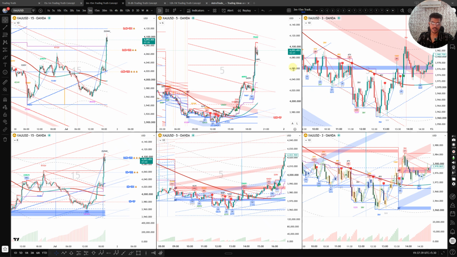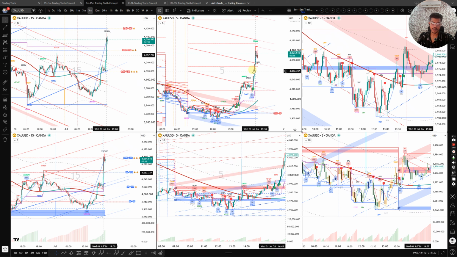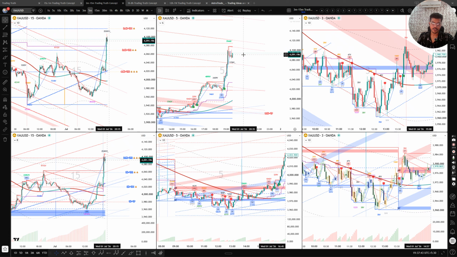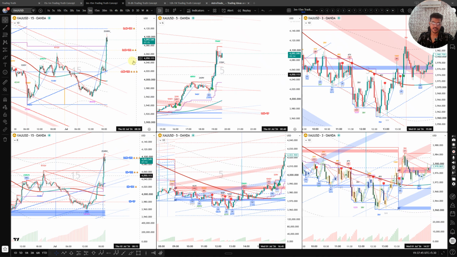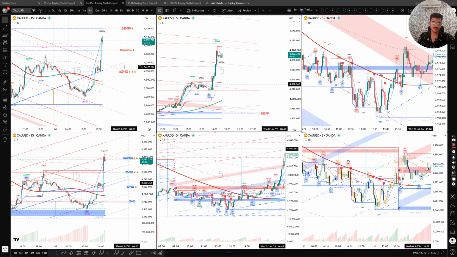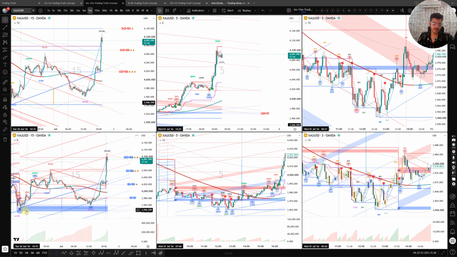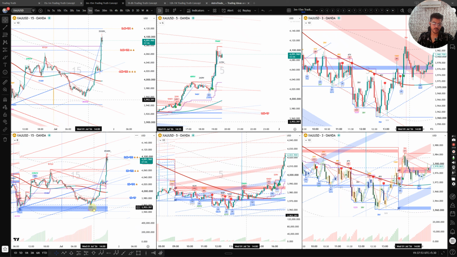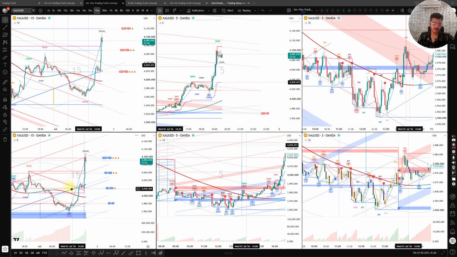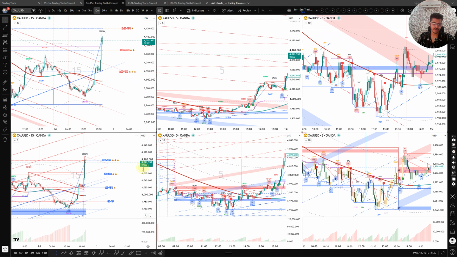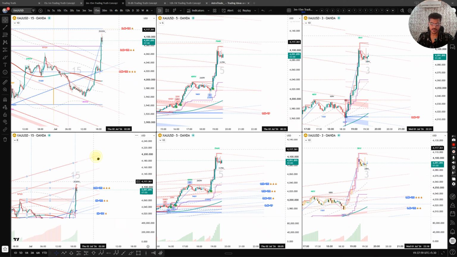On 5 minutes, TP1, TP2, and almost TP3 also got hit. This might just give us a one, two, third wave. TP3 got hit, fourth wave downside, and then fifth wave again upside.